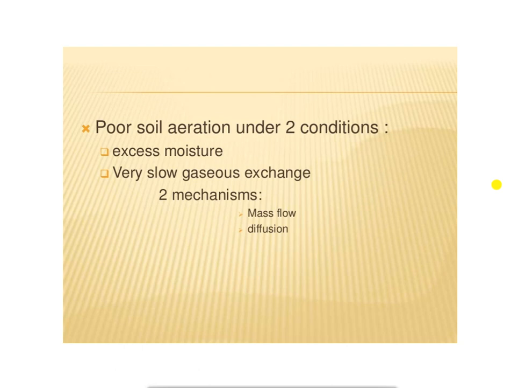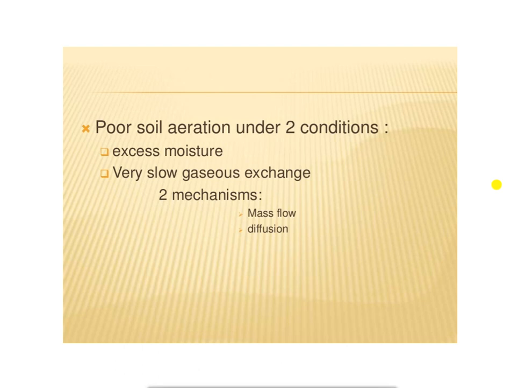Poor soil aeration occurs under conditions of excessive moisture, when the pores are mostly occupied by soil water. So the percentage of soil air here is very less, and it is called poorly aerated soil. It has very slow gaseous exchange.